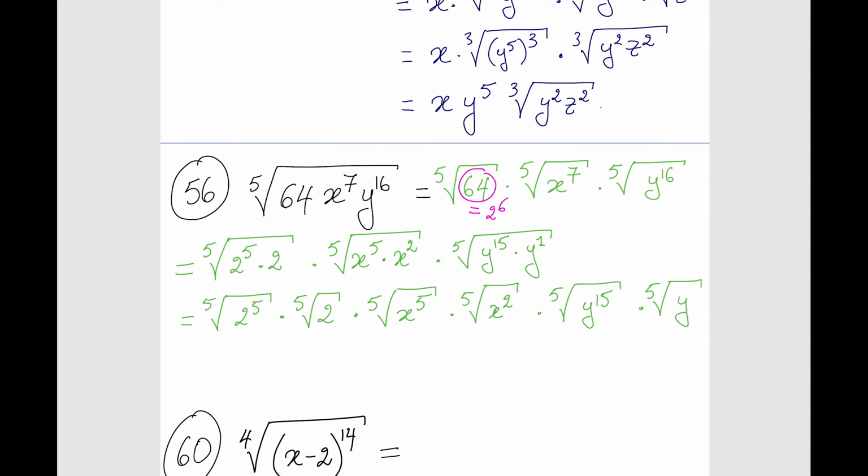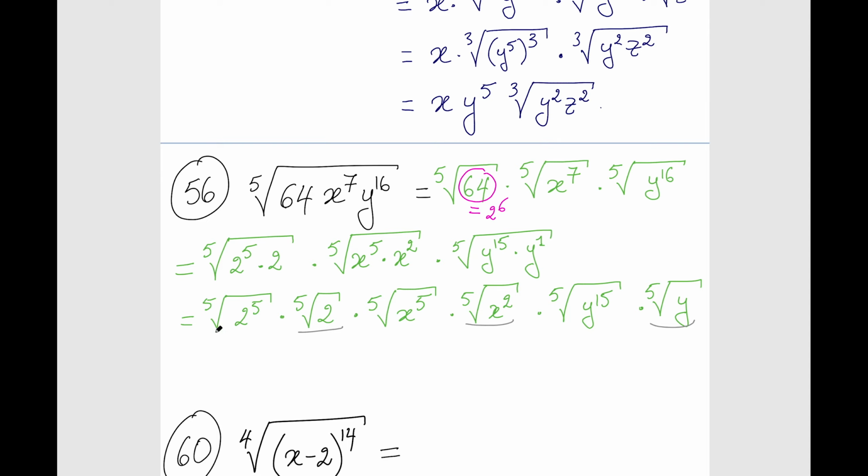Correct? Okay. This is simplified, and this is simplified, and this is simplified. And all the rest are non-simplified, and I still need to deal with them. Correct? Okay.